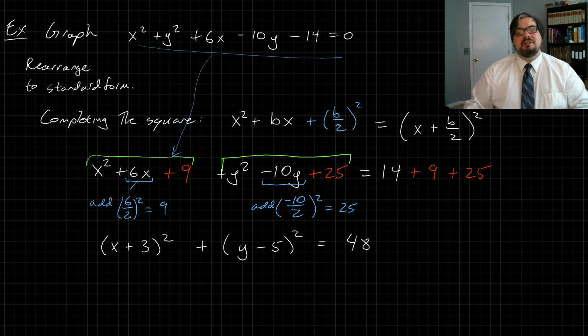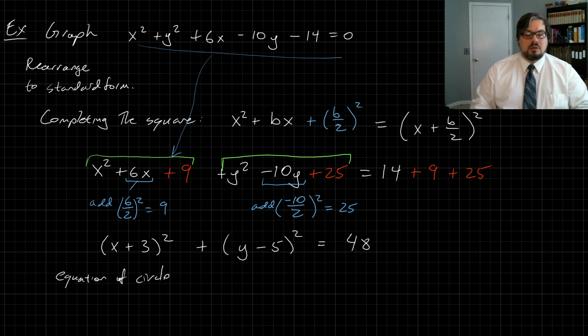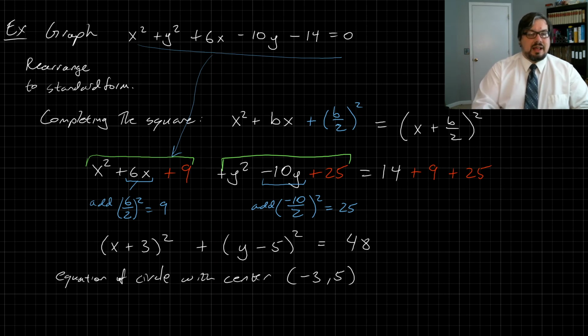And so now we've managed to take our equation that was in general form and put it into standard form. And so now we can see that this is the equation of a circle with center (-3, 5), because that's the h and k that we read off from the equation, x minus h, y minus k.